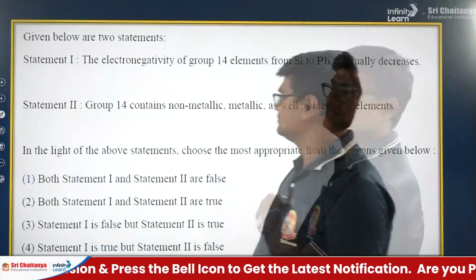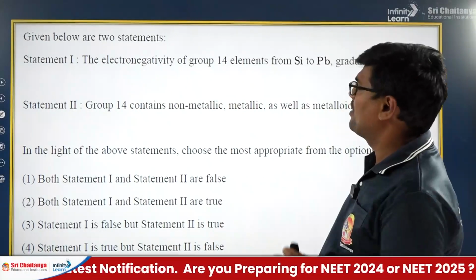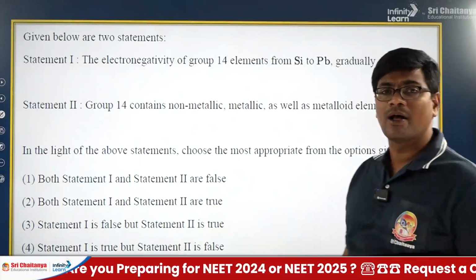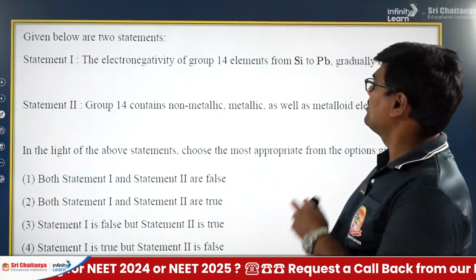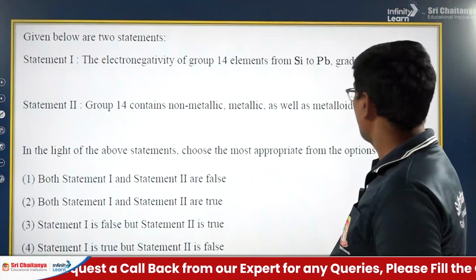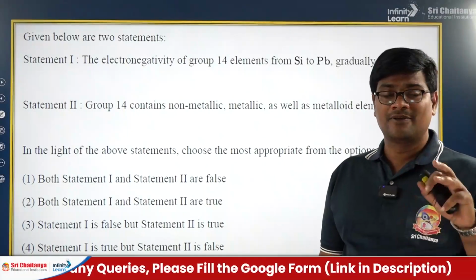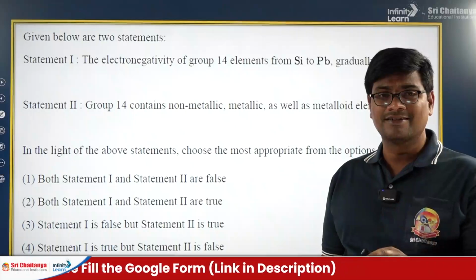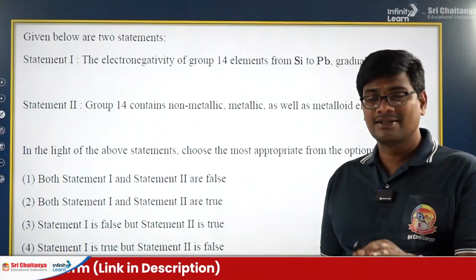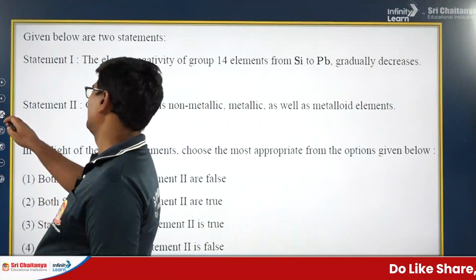Let's go for the next. The next question is a statement based question. Let us see the statements. Given below are two statements. Statement 1: the electronegativity of group 14 elements from silicon to lead gradually decreases. If you remember, I have given the electronegativity trend. From carbon to silicon, electronegativity decreases, and then electronegativity becomes almost constant.